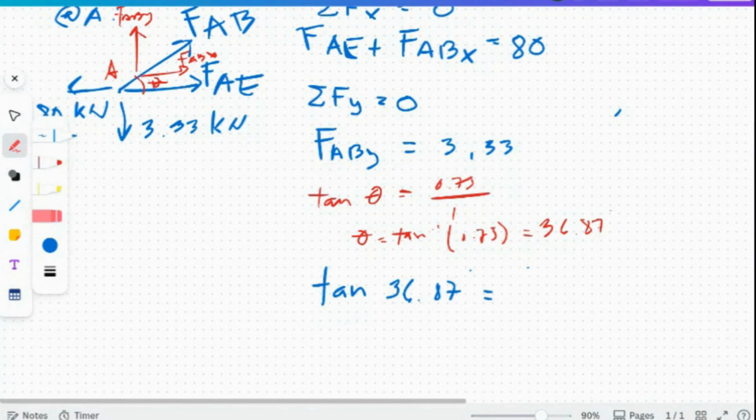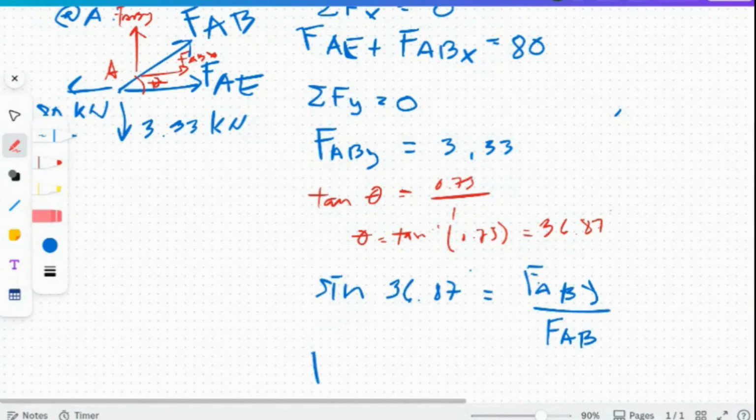Wait, we could choose not to use tangent because we're trying to solve for the hypotenuse in this case. So we just use sine. Sine 36.87, and the opposite for that is FABY, and your hypotenuse is FAB.